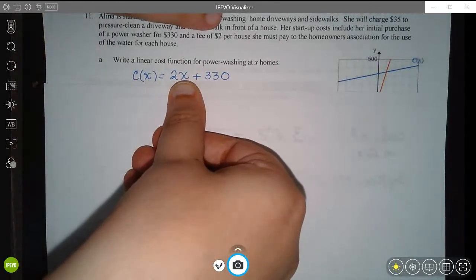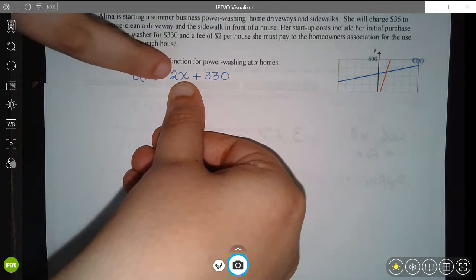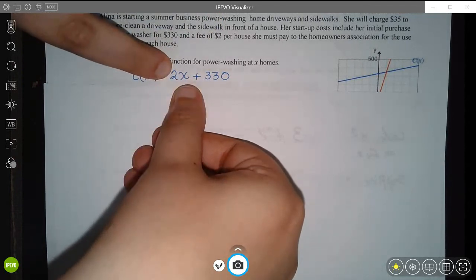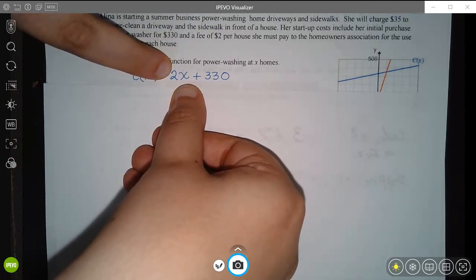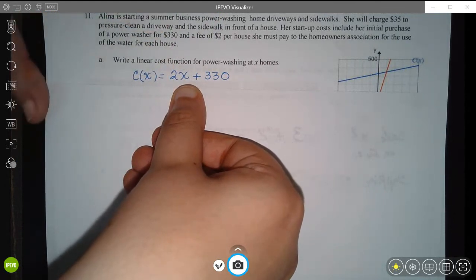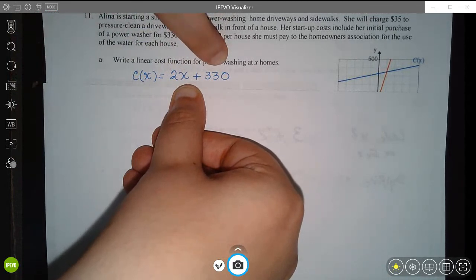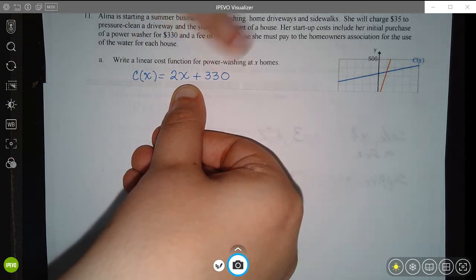Yes. $2 per house is the fee you're going to pay for the homeowners association. So it's $2 times whatever number of houses you have, because you don't know what it is again. Yes. And the 330 is the one fixed price that's never going to change, which is why you add it. That's the one-time price of the power washer. You pay it and you're done, right? So we add the 330 over here.